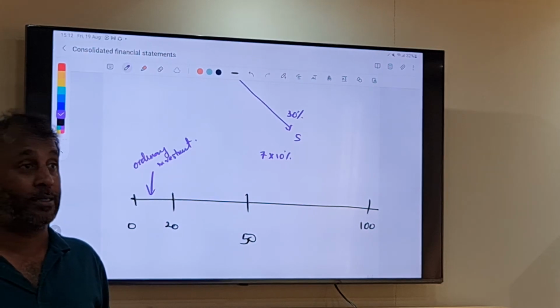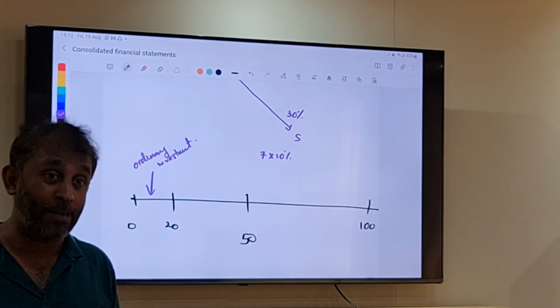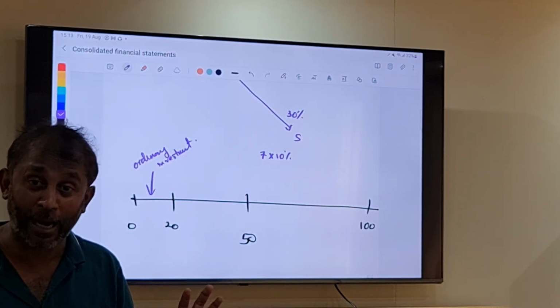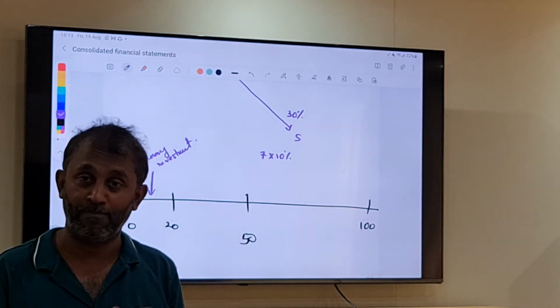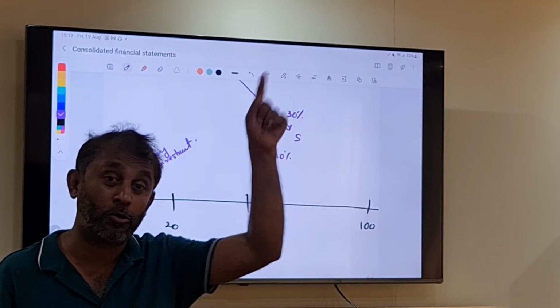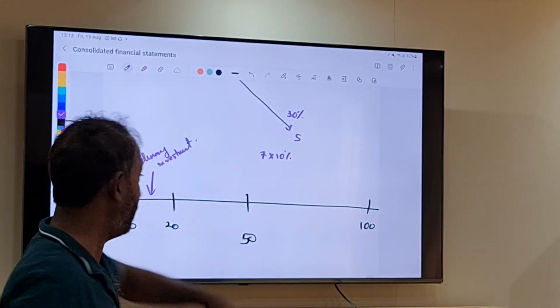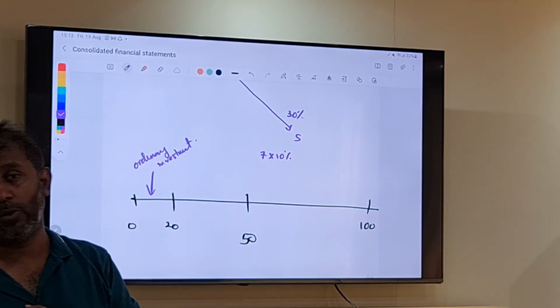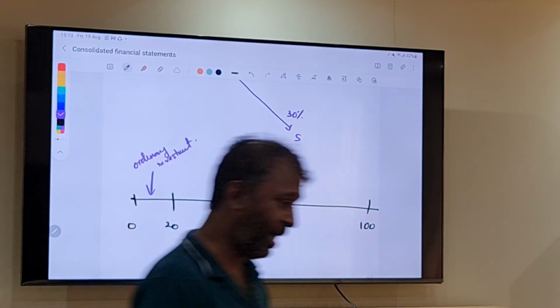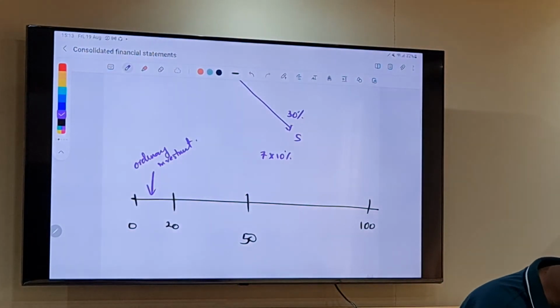So I also have the pride to say that I am also an owner of the company, but I cannot talk about all this. My type of investment, we call it ordinary investment. For this, we have separate accounting standards.